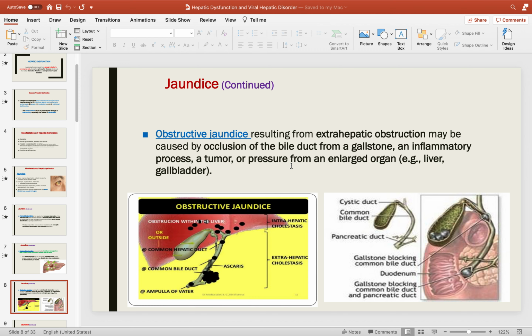For example, you can see here, this is a gallstone, and this gallstone leads to obstruction of the bile duct. And because of the obstruction of the bile duct, the liver is unable to do its normal function.